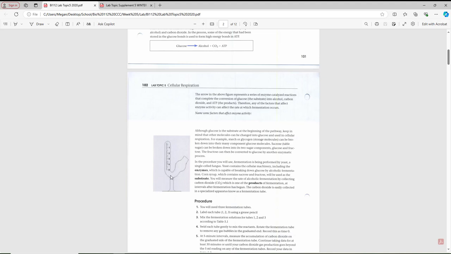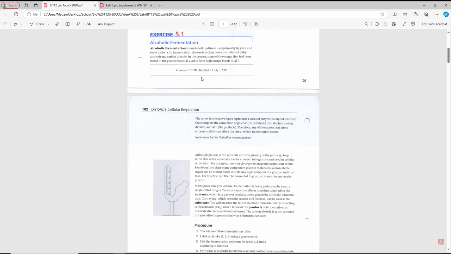The idea is that the yeast are eating away at the corn syrup and undergoing alcoholic fermentation. As they undergo alcoholic fermentation, they produce carbon dioxide, so little bubbles form in the test tube part of the fermentation tube.